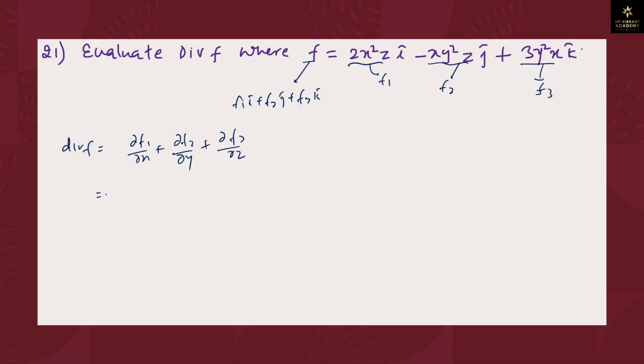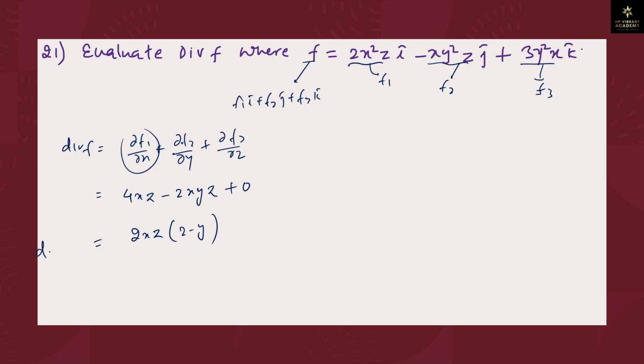So del f1 upon del x is the differentiation of 2x square z with respect to x, which is 4xz. Del f2 upon del y is minus 2xyz, and del f3 upon del z is 0. So this is equal to, taking 2xz common, 2 minus y.